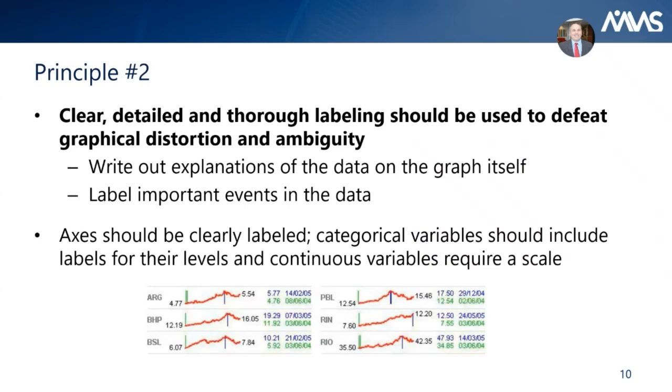So principle 2 is really about labeling your data. Of course, when we're doing a data display, we want to be clear as to what we are actually trying to communicate, what the data represent. So labeling axes and events you want the reader to focus on. Most of us are familiar with the stock market data represented in the graph below, but what's not clear is necessarily the time frame, right?